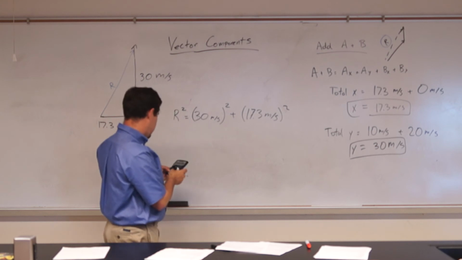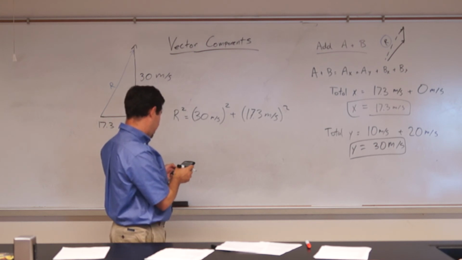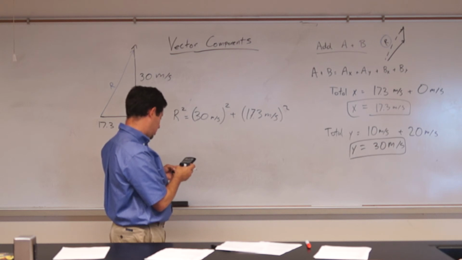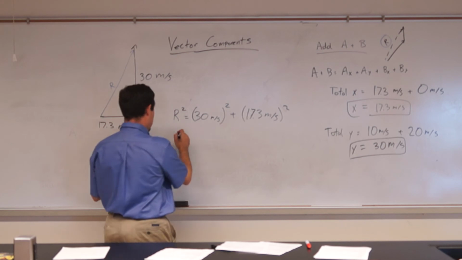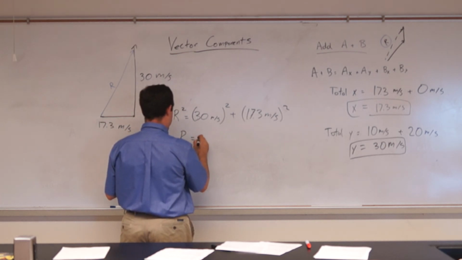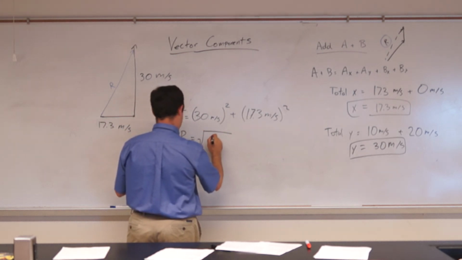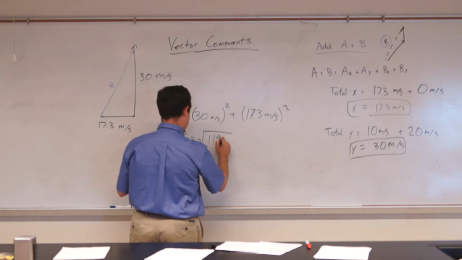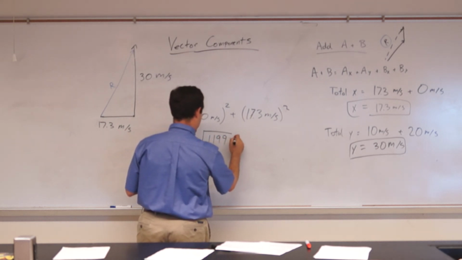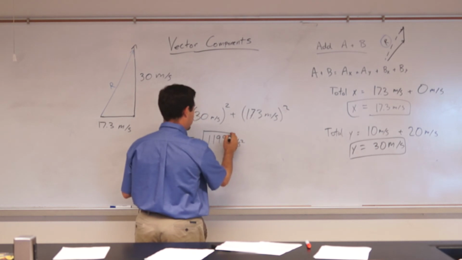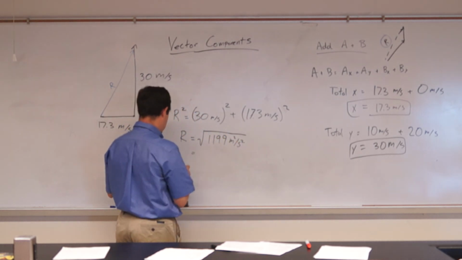So the resultant is going to be 30 squared plus 17.3 squared. So R is going to then be the square root of 1199 meters squared per second squared. You can watch the units.